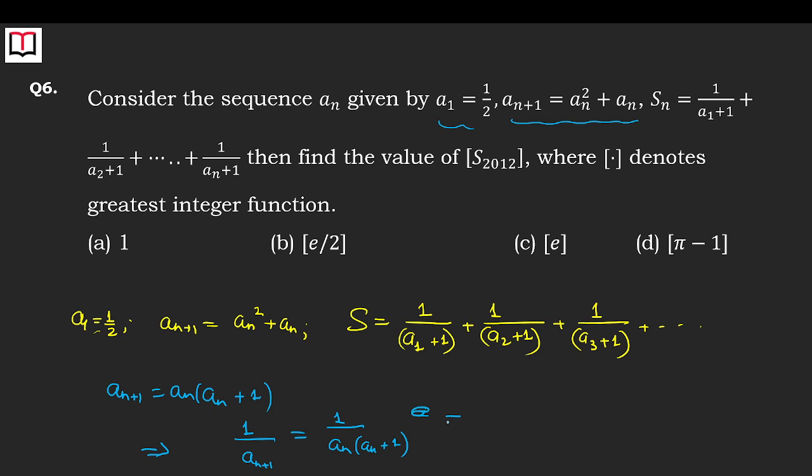Now you can rewrite this as 1 by an minus 1 by (an plus 1). Isn't that better? So now I can write 1 by a(n+1), the (n+1)th term, minus 1 by an as minus 1 by (an plus 1), or this as this minus this.